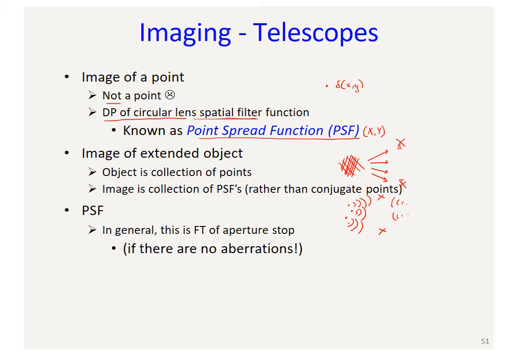Because of this, it meant that the final image was not going to be the same as the original object because of the loss of parts of those wavefronts. In Rayleigh's theory, he showed that the ideal image point was going to be the Fraunhofer diffraction pattern of the exit pupil. More generally, we would often write the aperture stop.